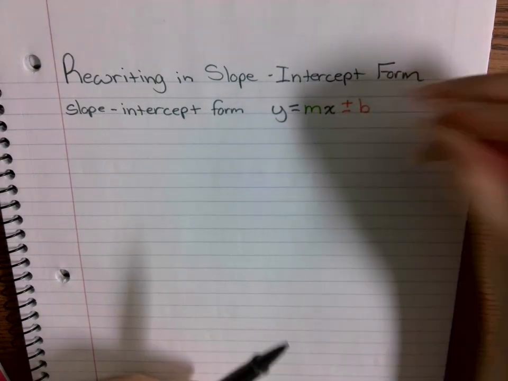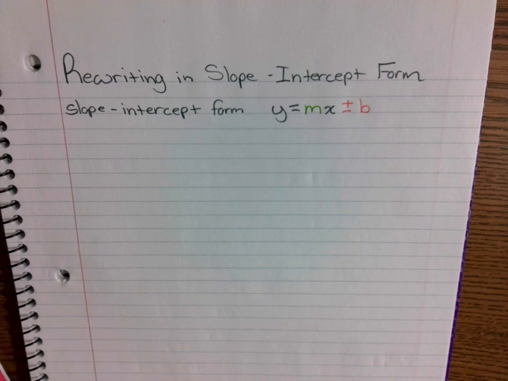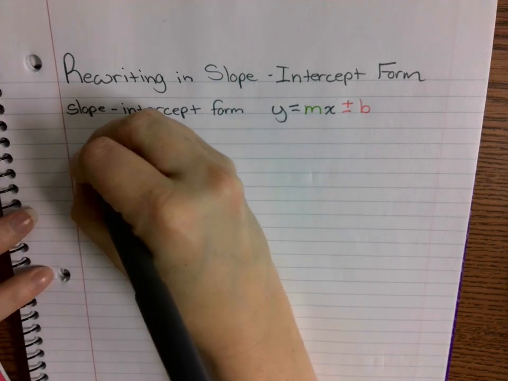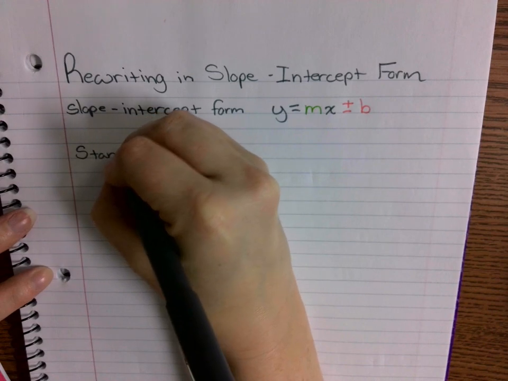And what we are wanting to work on is sometimes instead of it being in slope-intercept form, which is what your entire test was nicely already placed in, you're going to have some concepts that will be in what's called standard form.